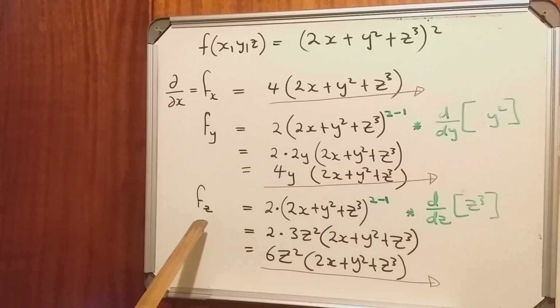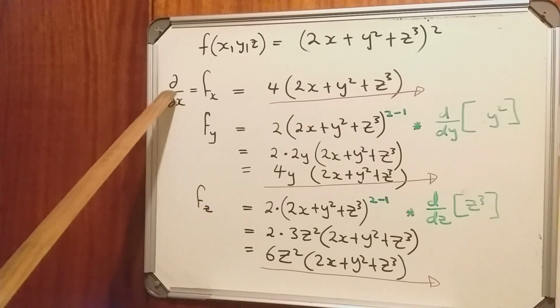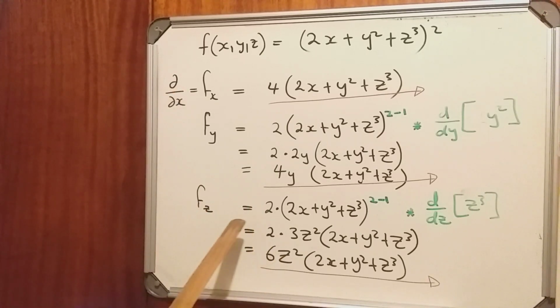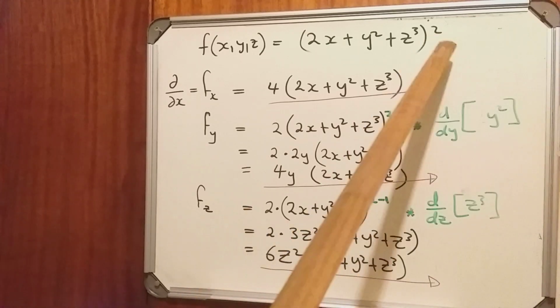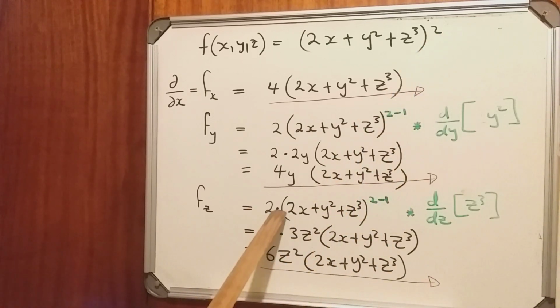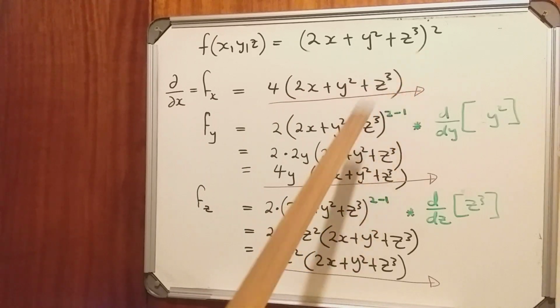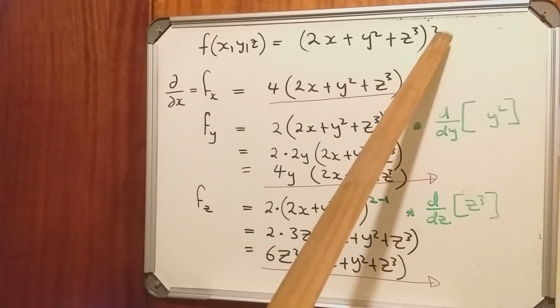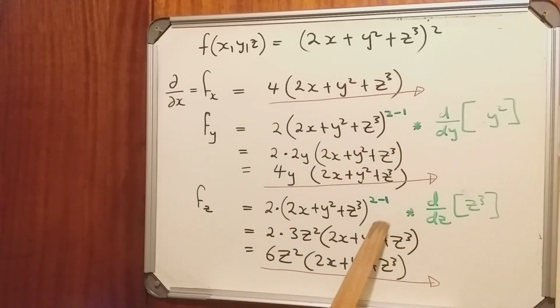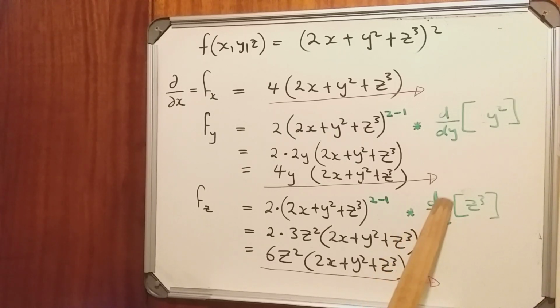So now we are going to do the partial derivative with respect to z. Partial z, or f_z, is equal to the 2, multiplied by the function to the power 2 minus 1, multiplied by the derivative with respect to z.